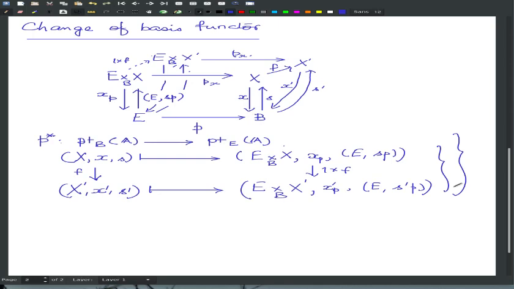of basis functor, and we have shown that regarding this, we have also shown that there is this big category of points over A, and we can forget the domain, so we get the codomain.